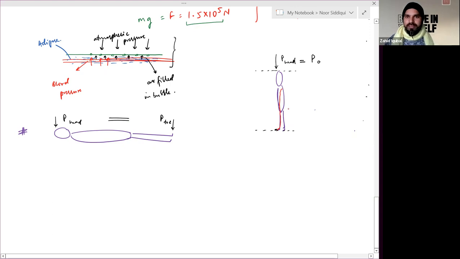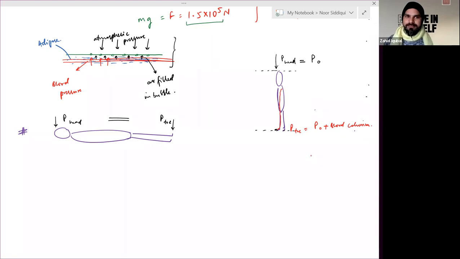But there is no column of blood just above our head. So at toe, there will be atmospheric pressure plus pressure due to blood. So net pressure at point 2 will be always greater as compared to head in vertical standing position.